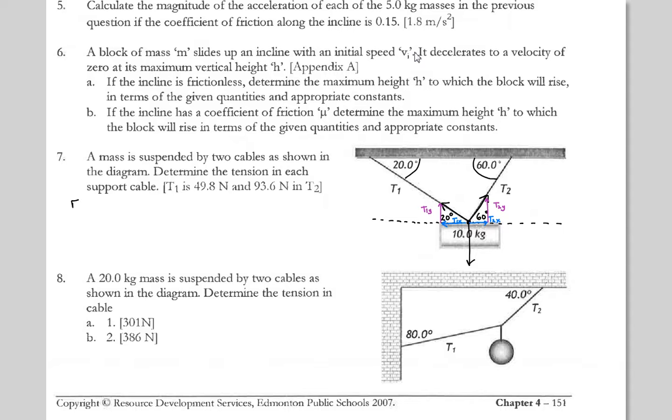Okay, so F net x is T2x minus T1x, because one is headed to the right and the other is headed to the left. And because F net is 0, we know that those two forces have to be balanced, equal and opposite in direction.